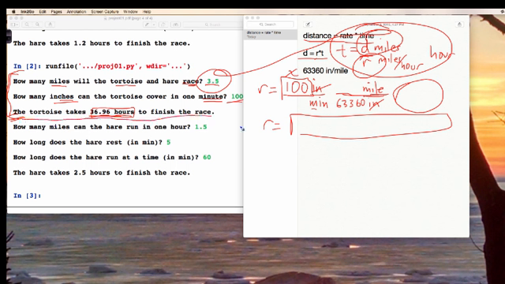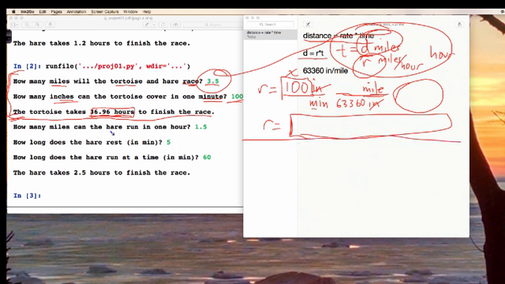And notice divide and conquer, right? I haven't even thought about what's going to go on with the tortoise, what's going to go on with the hare. I just did the tortoise, and we do that out. So you figure out the formula on pencil. Once you've got the formula, translating it into Python is really not that hard, particularly because we gave you a sample program.